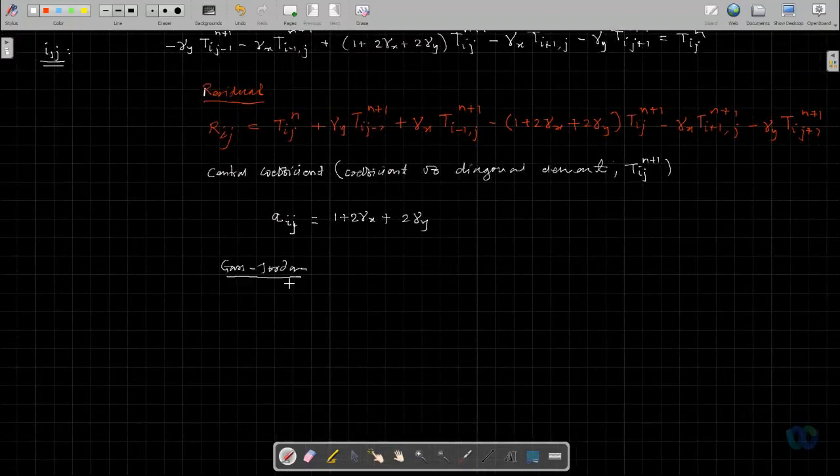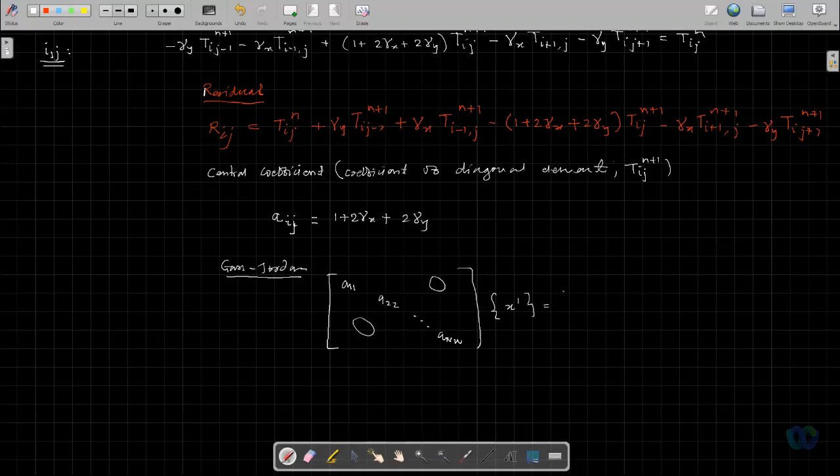So in case of Gauss-Jordan, you know that you have an approximate matrix which represents A11, A22 and Ann. There will be some diagonal entries and all the others are zeros here. And we solve for x prime, say, and we have residual r here.